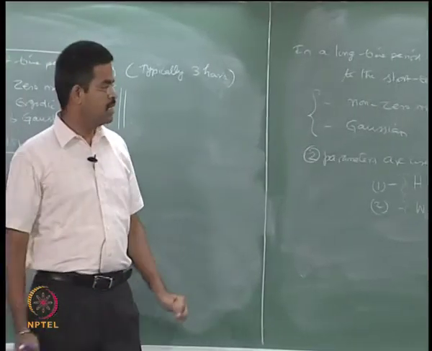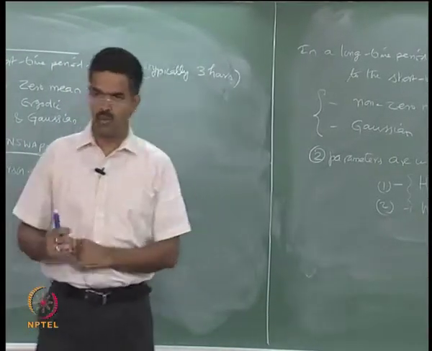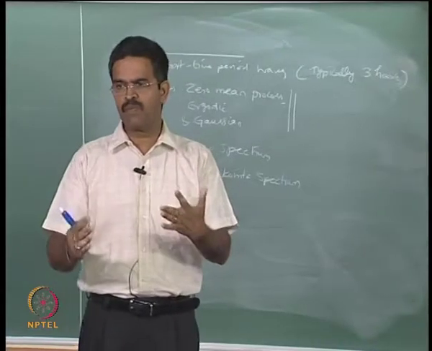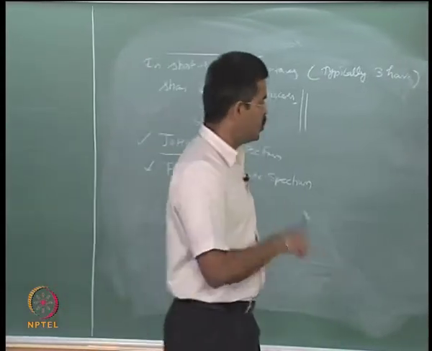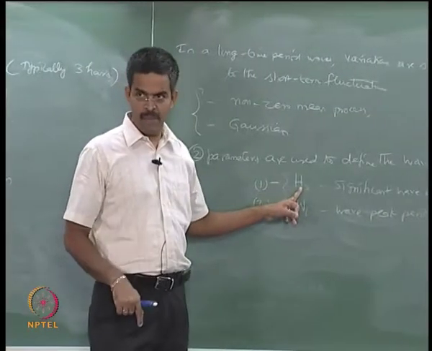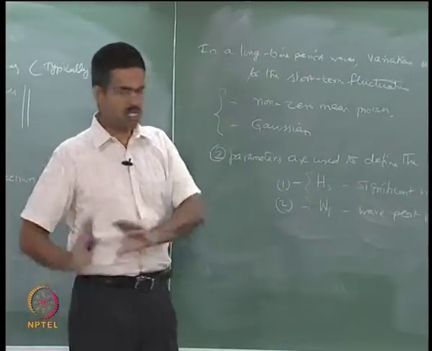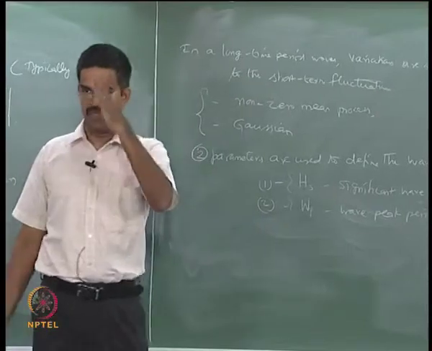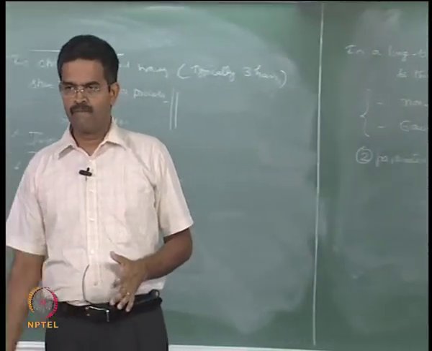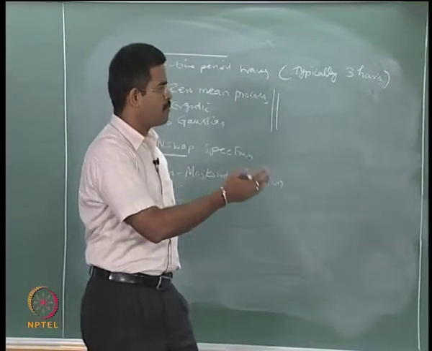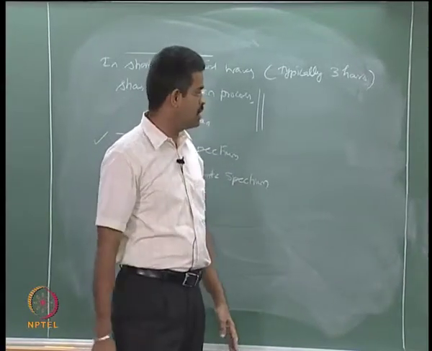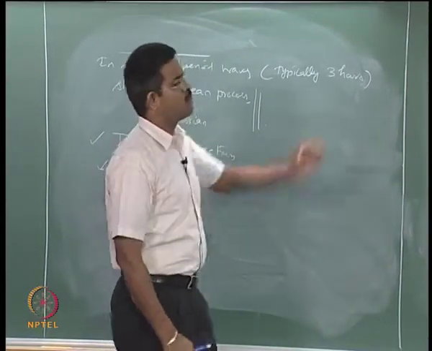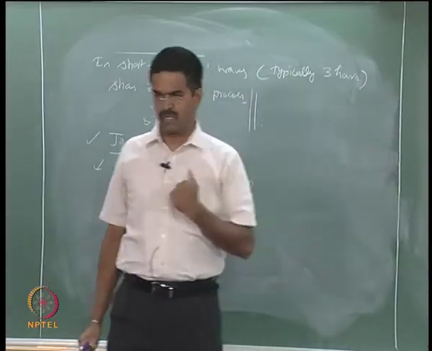The answer is partially yes, partially no, because there are modified versions of the PM spectrum where people use Hs as one of the data. The original PM spectrum does not use Hs, it uses only one parameter, which is the frequency. Okay. So, we will talk about both the spectrums now to understand, because once you know the spectrum, then you will know how to compute the forces from the spectrum.